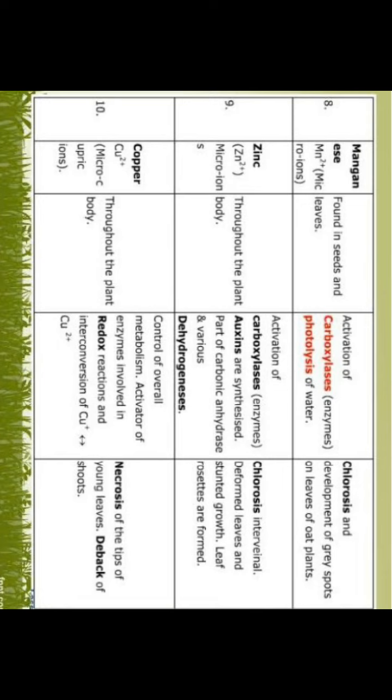This Mn2+ activates many enzymes involved in photosynthesis, respiration and nitrogen metabolism. The best defined action of manganese is in the splitting of water to liberate oxygen during photosynthesis.